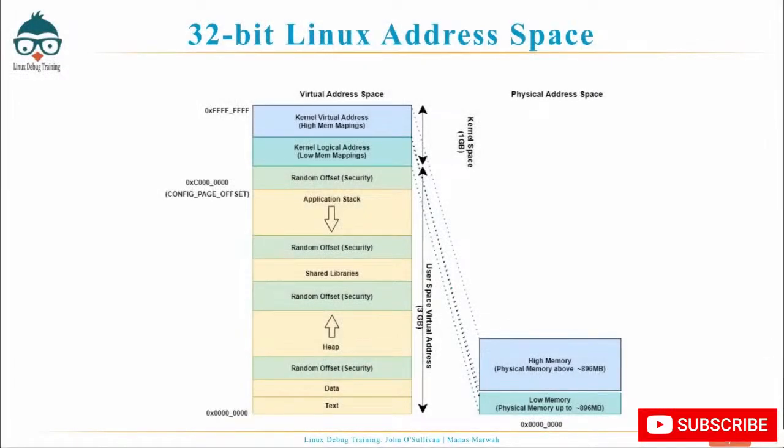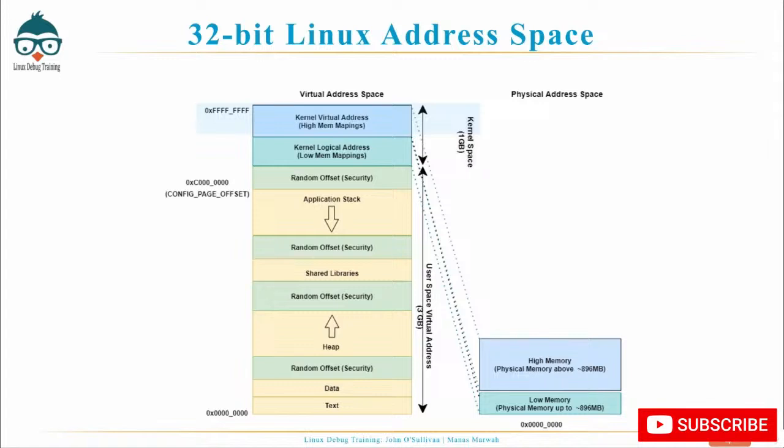This slide shows the address space for a 32-bit system. The top 1 gigabyte of memory, labeled kernel space, is reserved for the kernel, and this is divided into low mem and high mem. Low mem is used for various system resources and critical kernel data structures. High mem is the portion of memory above the 896 megabyte boundary on 32-bit systems.